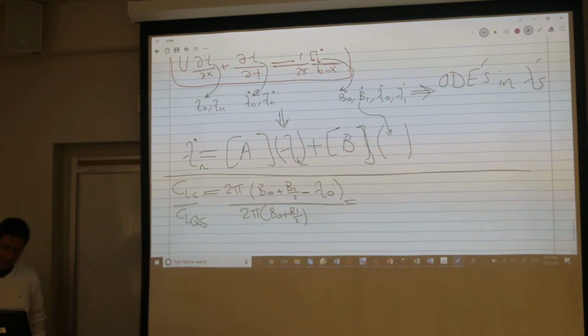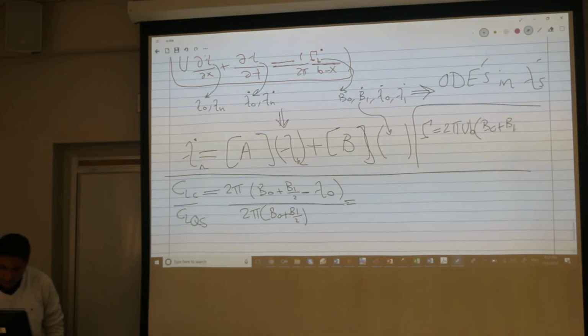And he was clever enough to write it in terms, just give me this couple of minutes and I'll finish, to write it in terms of gamma. So just recall, we wrote gamma before already. It was something like 2 pi U B, B naught plus B1 over 2 minus lambda naught plus lambda 1 over 2. So let's call this gamma hat as non-dimensional and divide by these guys. So first of all, 2 pi goes away, and these guys are the first 3 terms here.